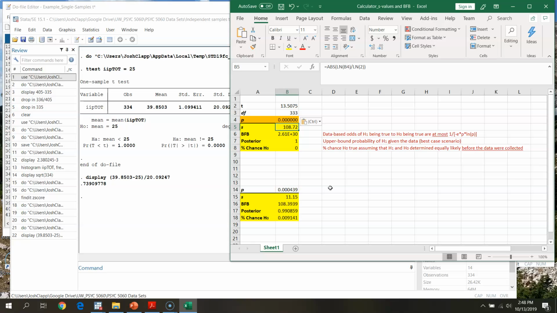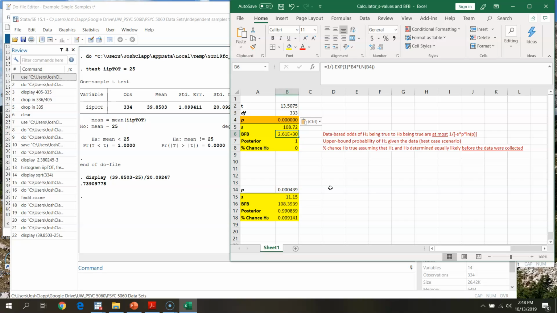Basically that would say that the evidence against the null that we're seeing here would be roughly equivalent to getting 109 consecutive heads in what I tell you is a fair coin. If you got 109 heads in a row, you would definitely not think that that was a fair coin. Here, Bayes factor bound is saying that the upper limit of the likelihood of the alternate relative to the null is 2.61 times 10 to the 30th.